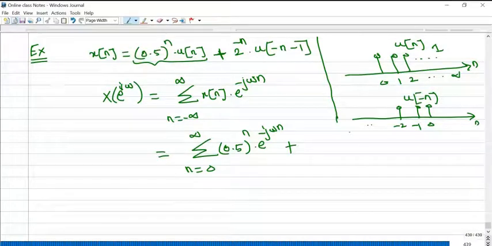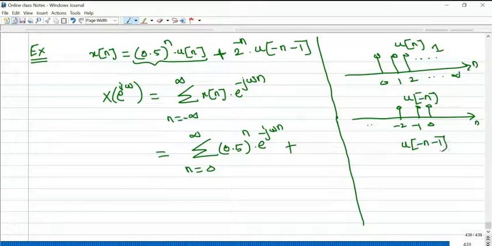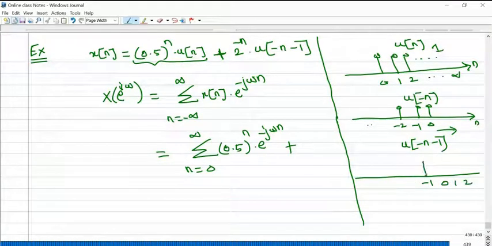U of minus n minus 1, after finding time reversal, then minus 1 represents right shift. So minus 1, 0, 1, 2. The signal sketch up to infinite.